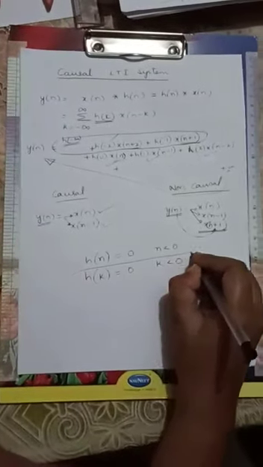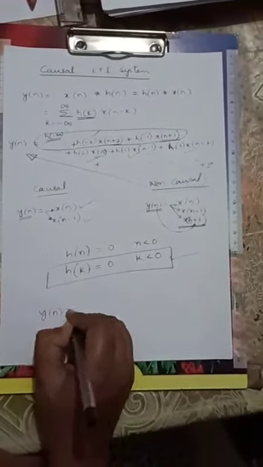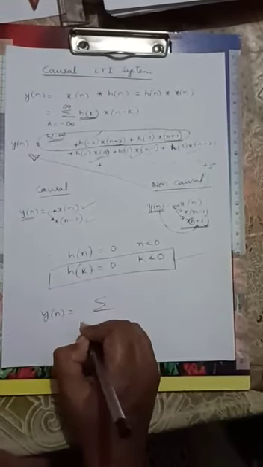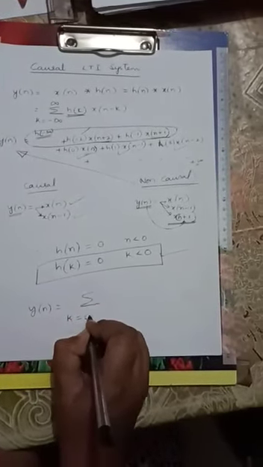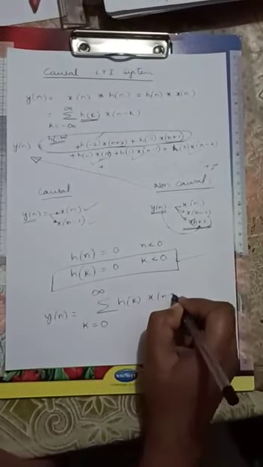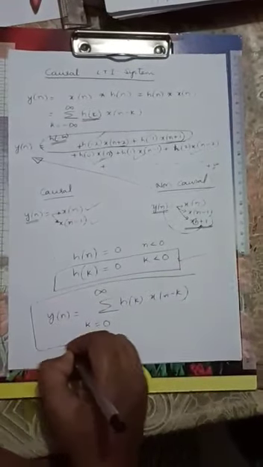This is the condition on your impulse response. By applying this, y of n becomes the summation from k equals 0 to infinity of h of k x of n minus k. If this is the definition, then it is a causal LTI system.